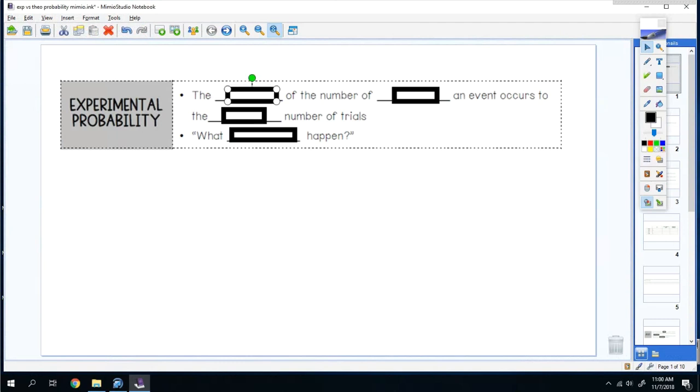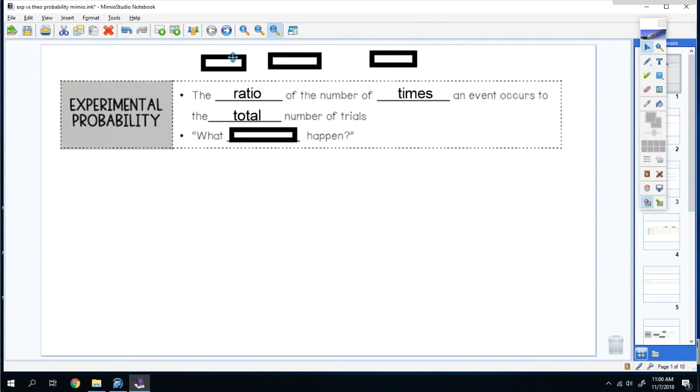Experimental is a ratio of the number of times an event occurs to the total number of trials. So basically, experimental is what actually happened. It means that you actually have results for your experiment.